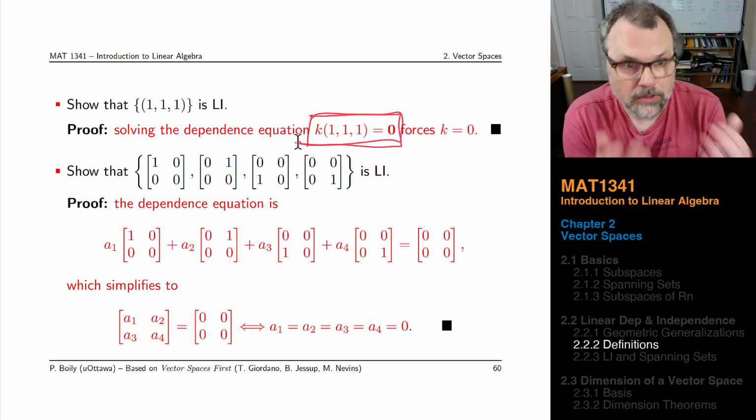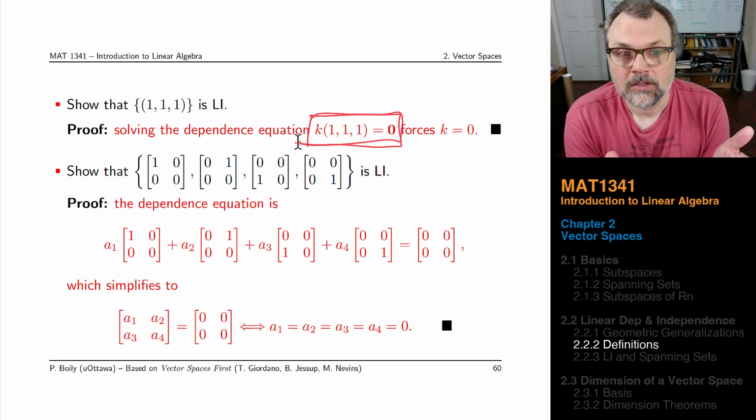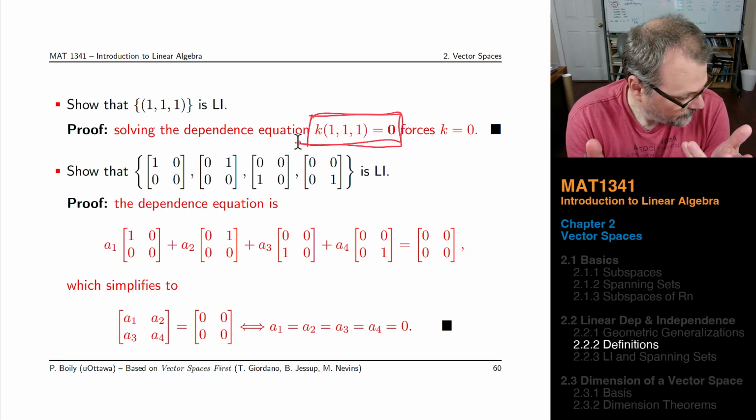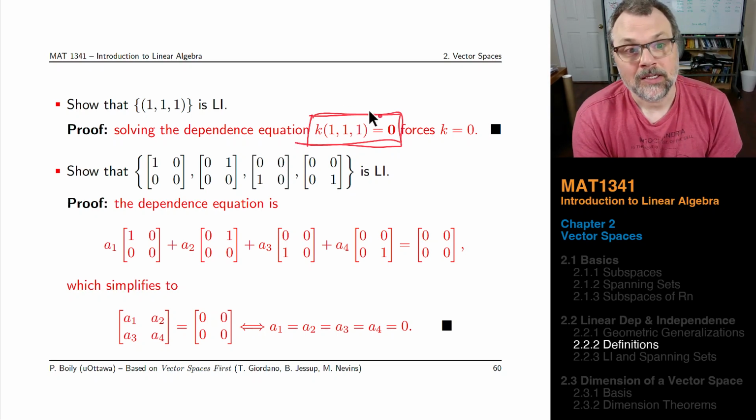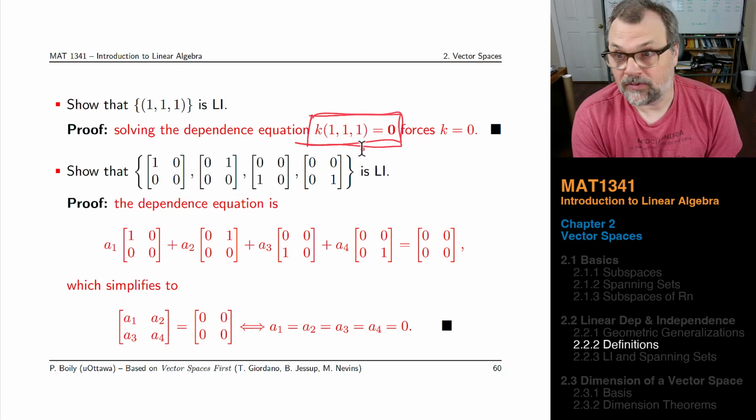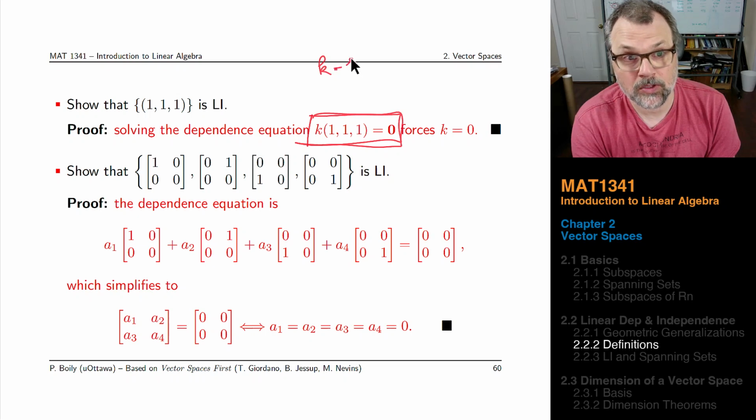So can we solve this and find a solution other than the trivial solution? The answer is no, right? Because as a system of linear equations, this is three equations. This is the equation k times 1 equals 0 for the first component. For the second component, we also have k times 1 equals 0.